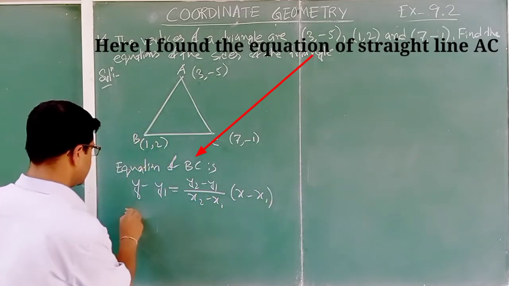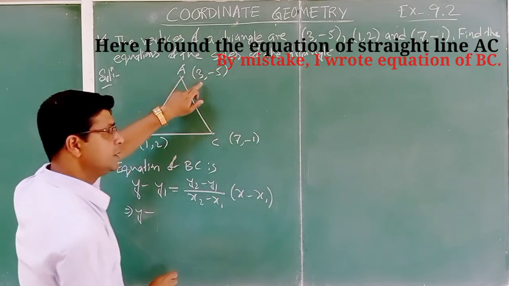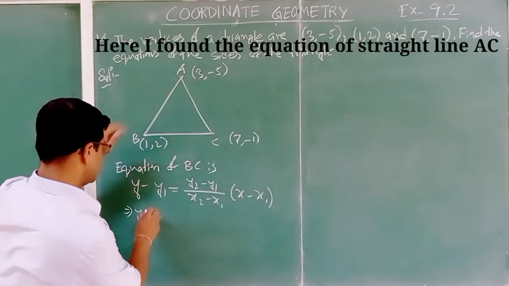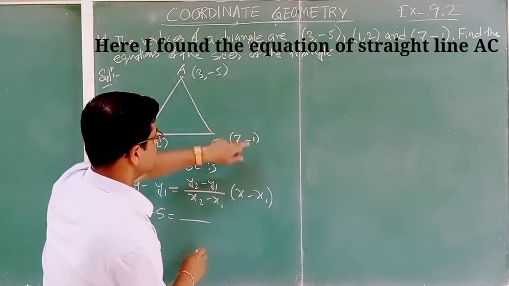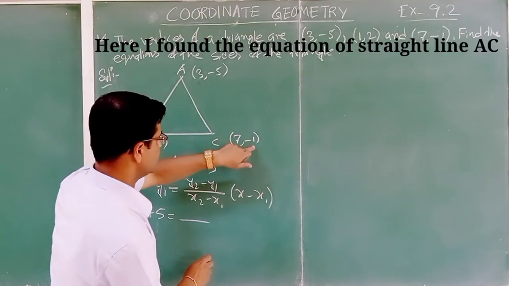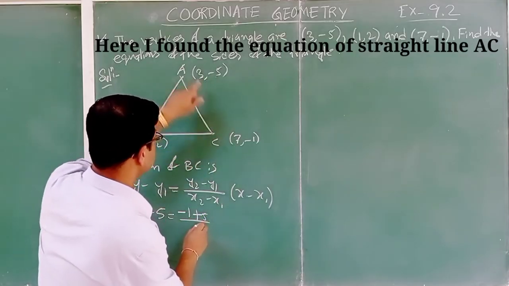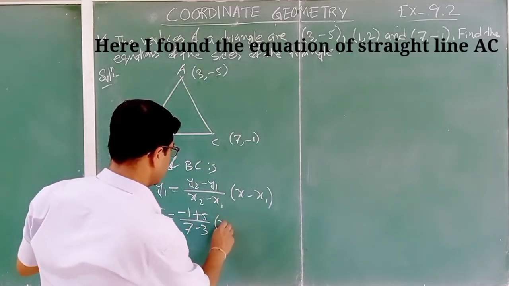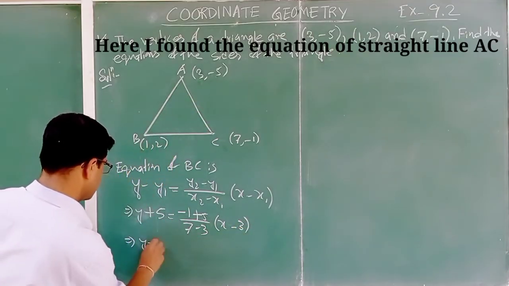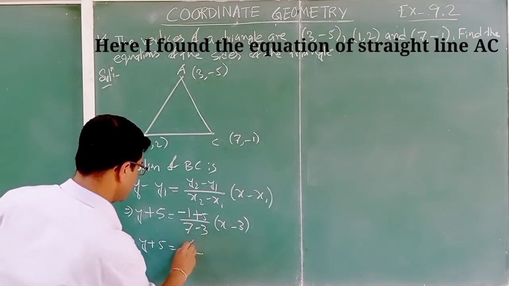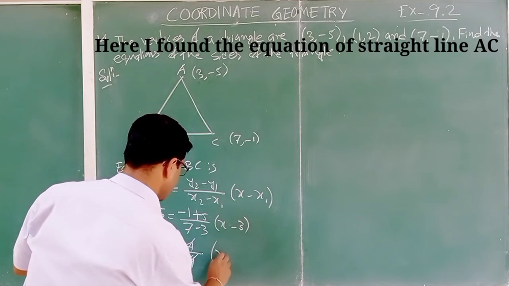Okay, so here y minus, suppose this is x1 y1 we have considered, so this is minus of minus 5, so plus 5, then y2 minus y1, this is x1 y1 and x2 y2, so minus 1 minus of minus 5, plus 5, over x2, 7 minus 3, times x minus 3. Got it? So this is y plus 5, this is 4, this is also 4. Okay, same, so it will get cancelled, times x minus 3.